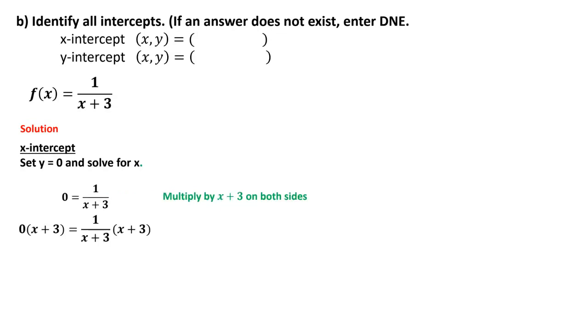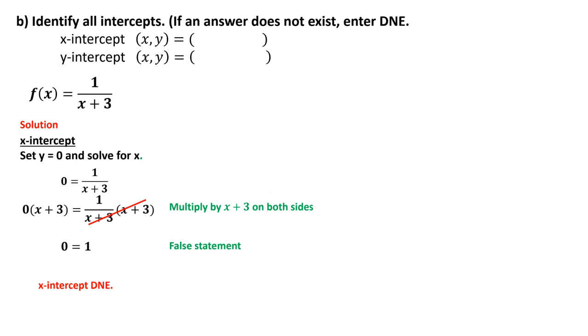The x plus 3 divided by x plus 3 becomes 1, and x plus 3 times 0 gives me 0. This gives me 0 is equal to 1, which is a false statement. What this tells me algebraically is that there are no x-intercepts. On WebAssign, you would put in DNE, which means does not exist, okay?